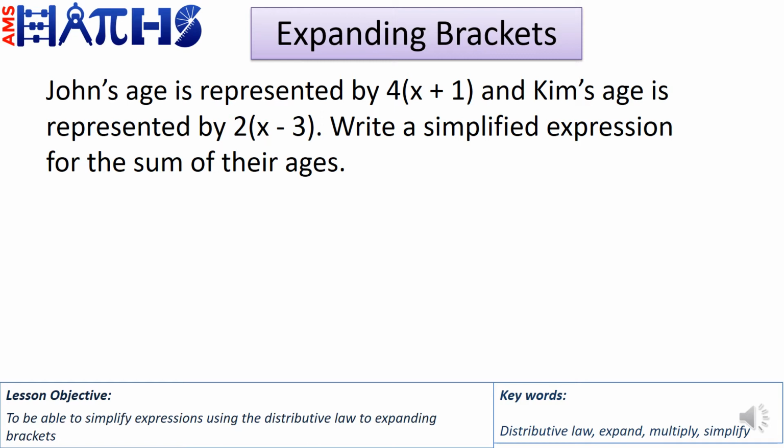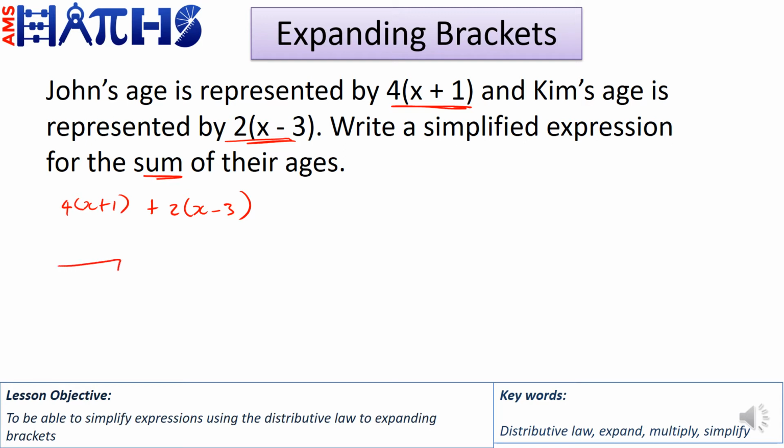So we need to add their ages. John's age is here and Kim's age is here. So therefore it means we need 4 bracket x plus 1 plus 2 bracket x minus 3. So we'll have to work these out separately as it's separated by a plus sign.